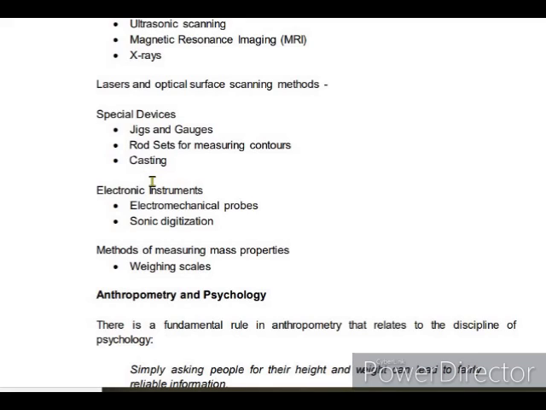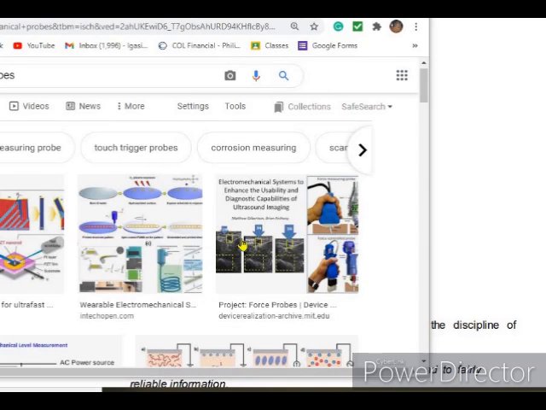We can cast the arm using some materials like plastic. Next, electronic measurements, like electromechanical probes. This is an example. Just like in the ultrasound, you have devices which use electromechanical properties to measure what is inside the body, because there are some measurements that need to be taken there.